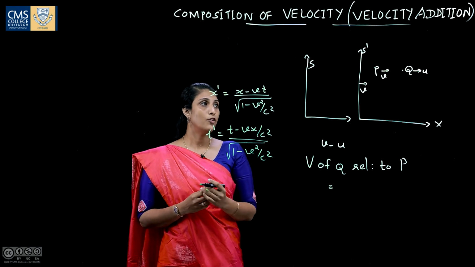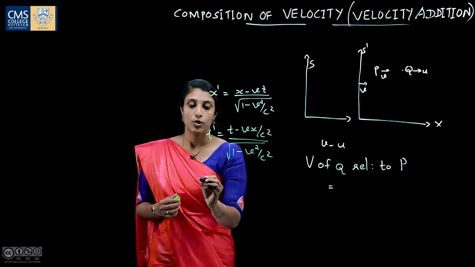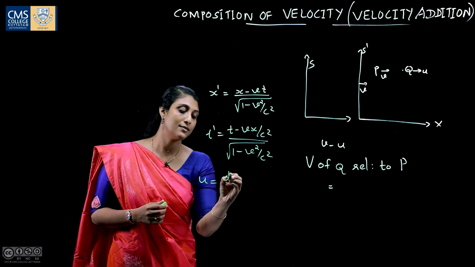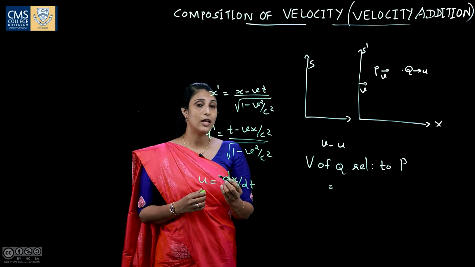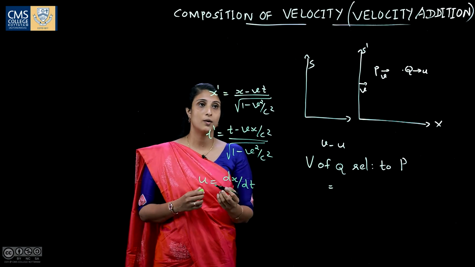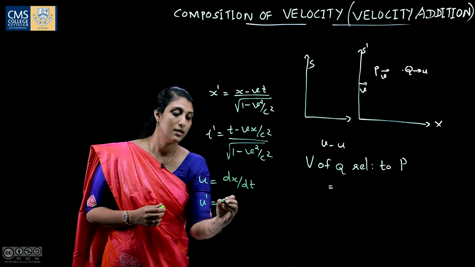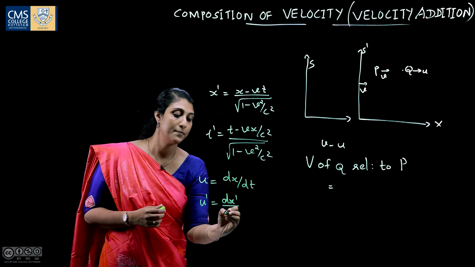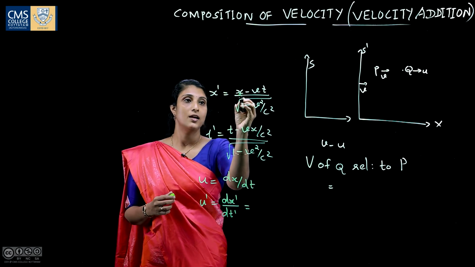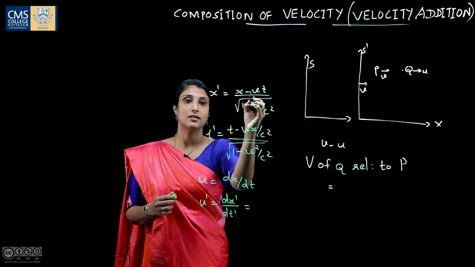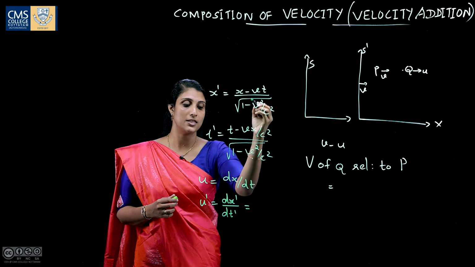Now the velocity of Q relative to an observer in the S frame, U equals dx by dt. Now the velocity of Q for an observer in the S dash frame, U dash equals dx dash by dt dash, where dx dash equal dx minus v dt by root of 1 minus v square by c square. V is the constant velocity of the S dash frame.